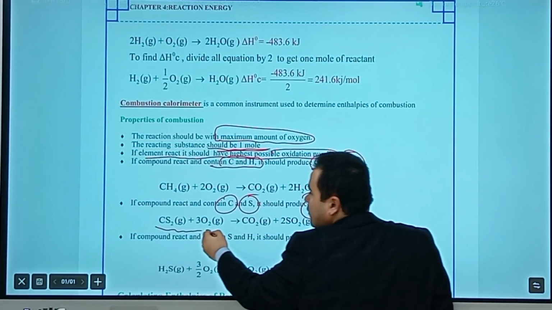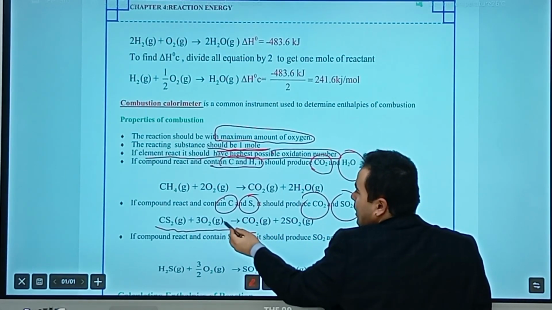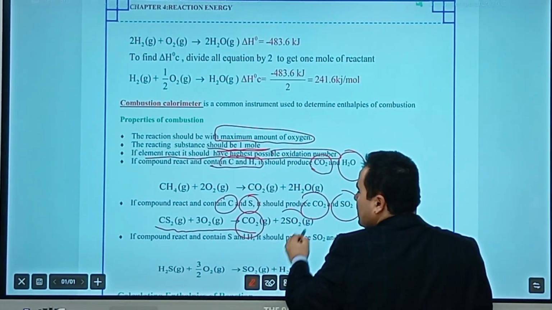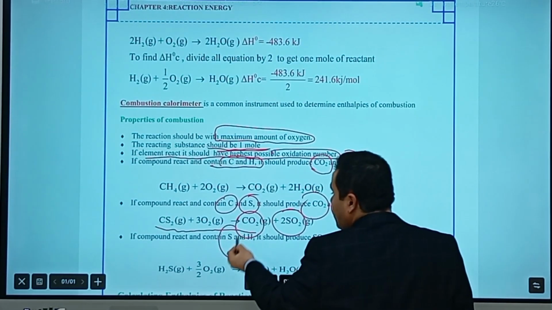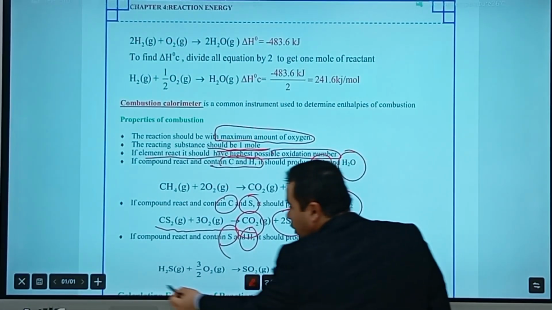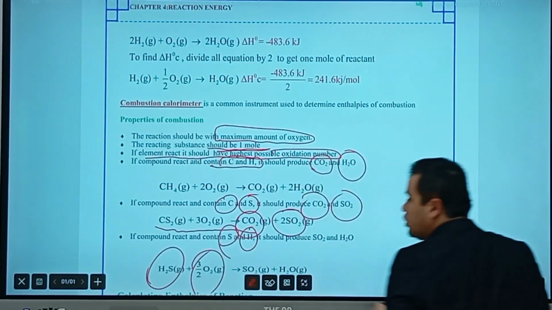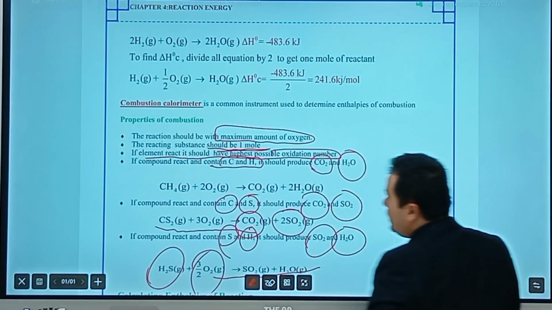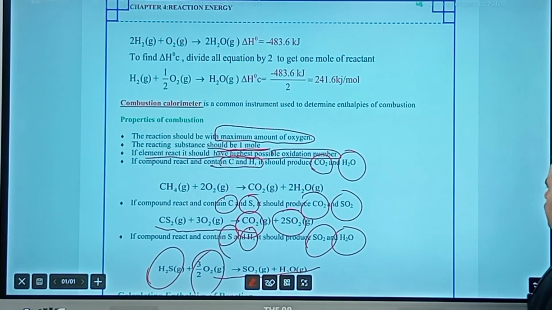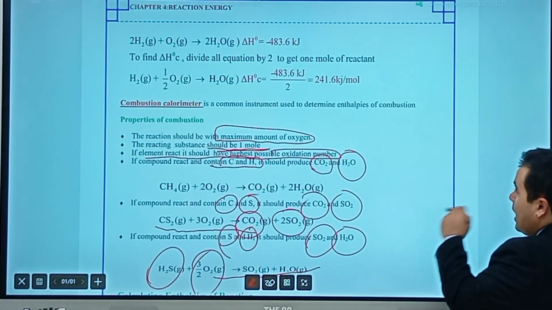Example, like carbon disulfide here, reacts with oxygen to form carbon dioxide and sulfur dioxide. If the compound is sulfur and hydrogen, like H2S, reacting with oxygen will always produce SO2 and H2O. So this should be known to know the products, guys.